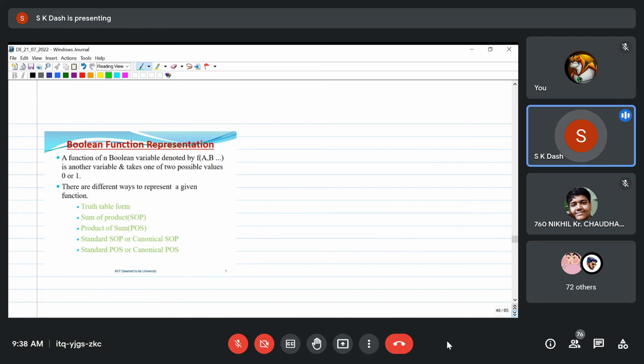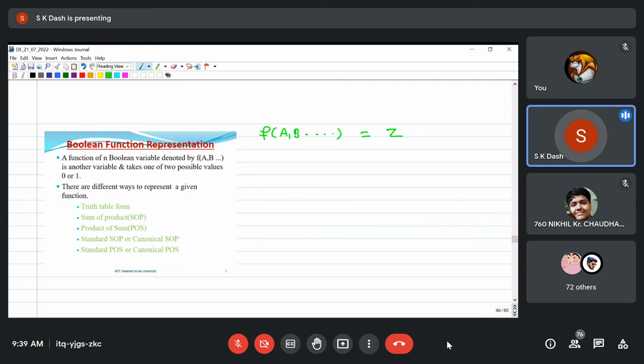Next, Boolean function representation. So how to represent a Boolean function? A function of n Boolean variables is denoted by f of a, b, up to n number of variables. This function will be another variable, suppose equal to z.